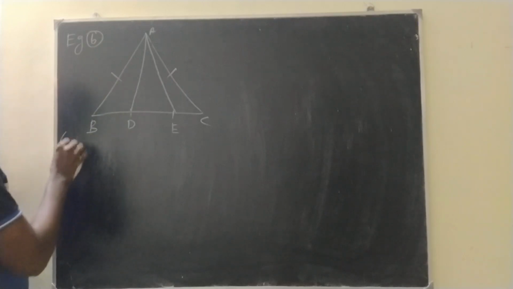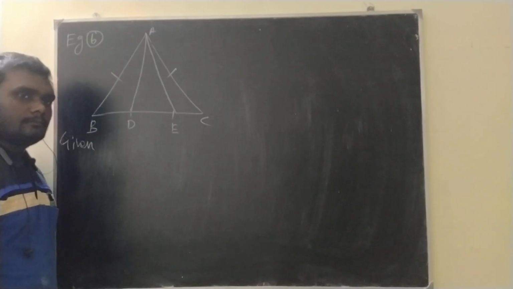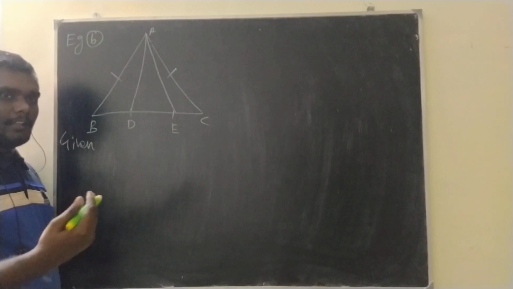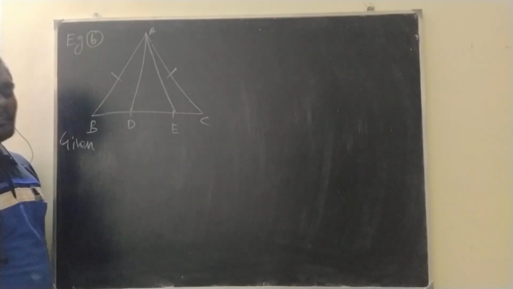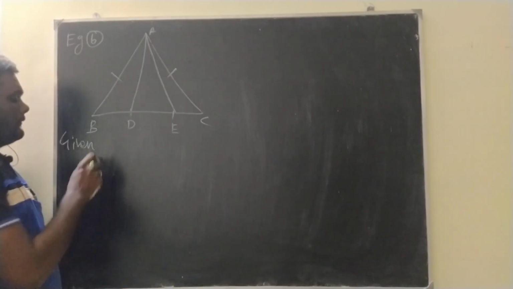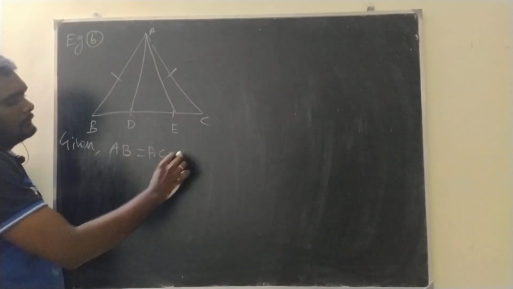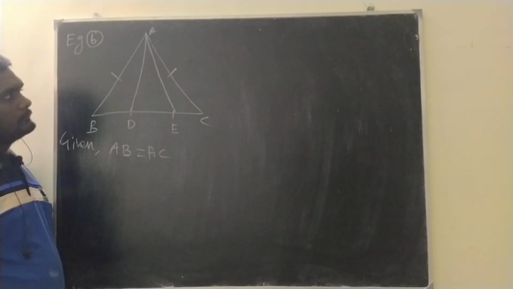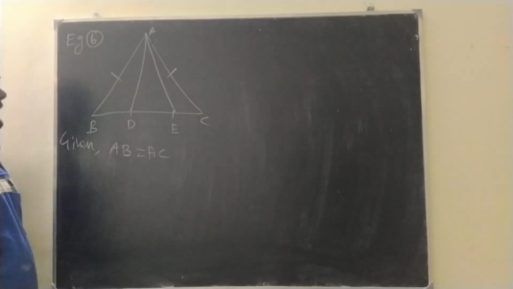First we will write the given part. I am waiting for your answer. Tell me how to do this. Don't see the proof. Don't see the answer. Just think by yourself and tell. Triangle ABD is congruent to ACE.